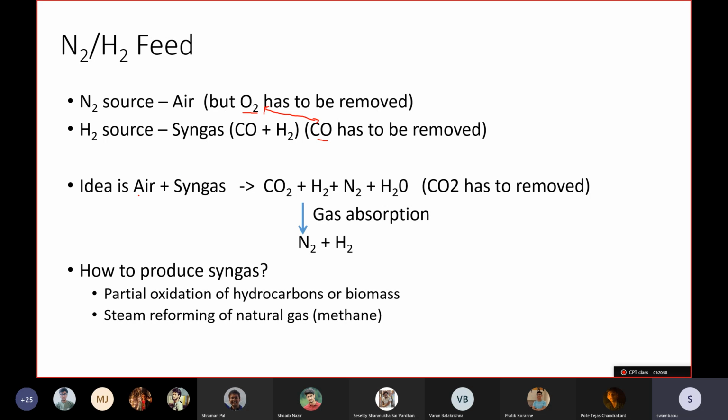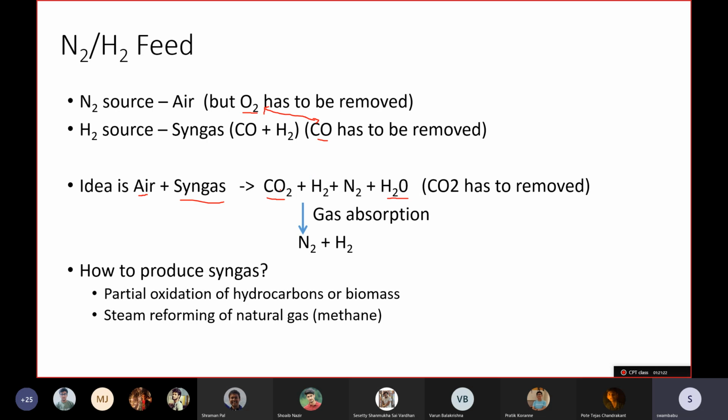The idea is, when you combine air and syngas, oxidation of carbon monoxide takes place and it converts to CO2. Then some partial oxidation of hydrogen also happens, that is, hydrogen also reacts with oxygen and can form H2O, but this is less.